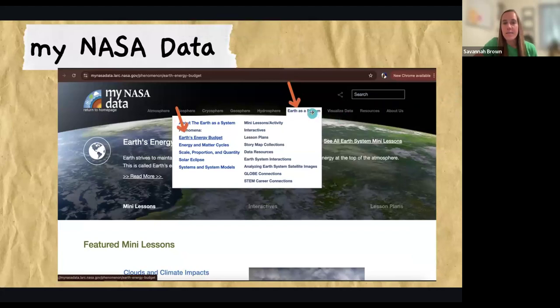I put this on here because I did not want to forget to show you, if you are specifically talking about Earth's energy budget and the renewable resources, if you go to Earth as a System and Earth's energy budget on their website, it will give you pages and pages of resources, and I'm hoping that you're all going to go look at it for yourselves. So I'm not going to go there for you because it is a lot to digest.